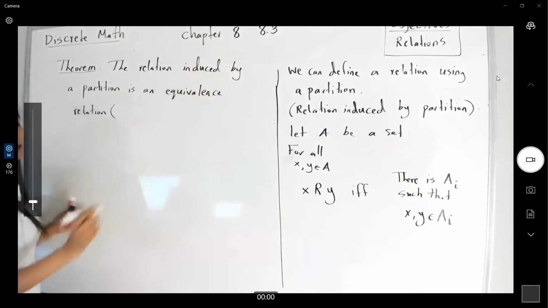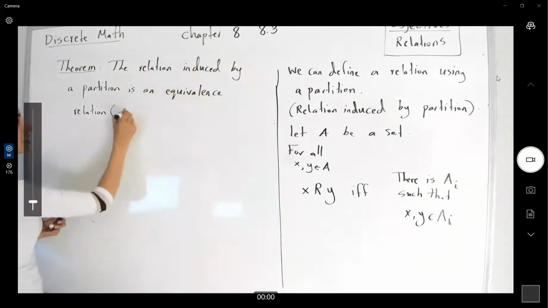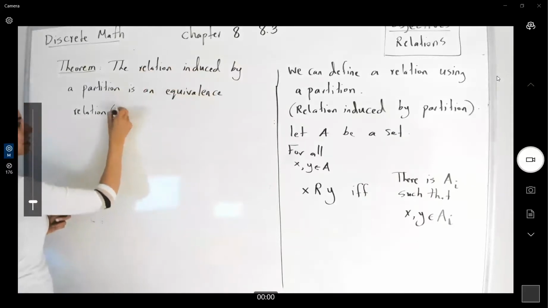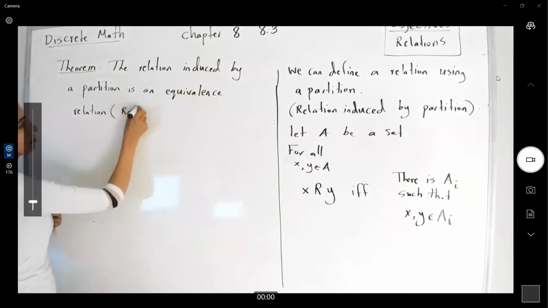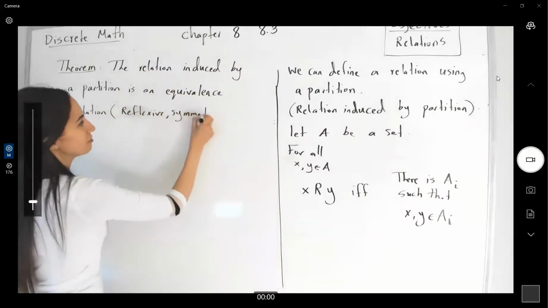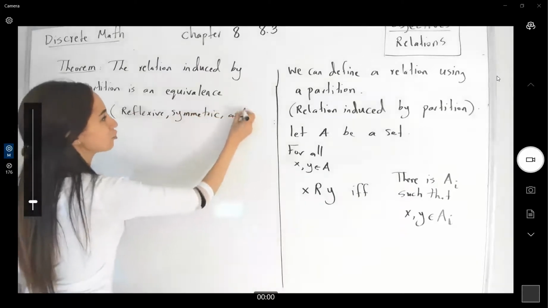What's the meaning of that? It means that that relation is symmetric, reflexive, and transitive.